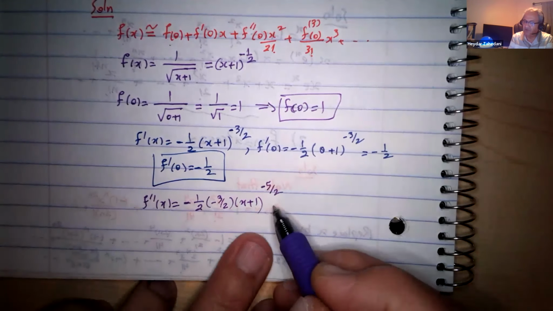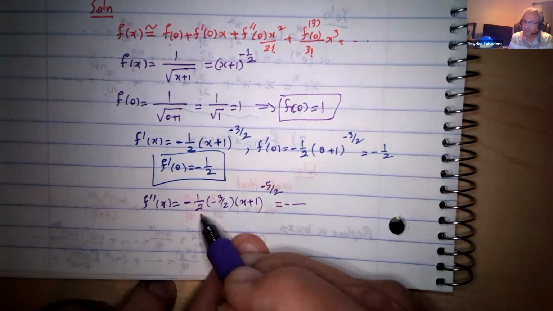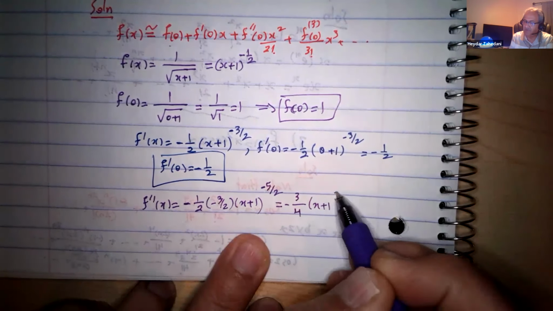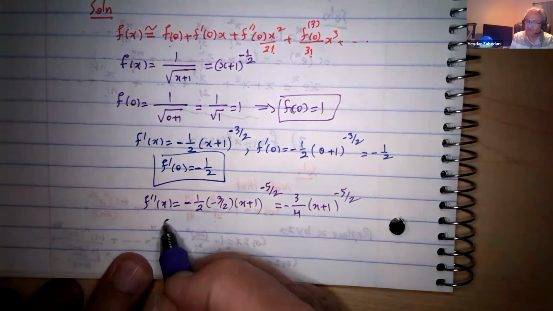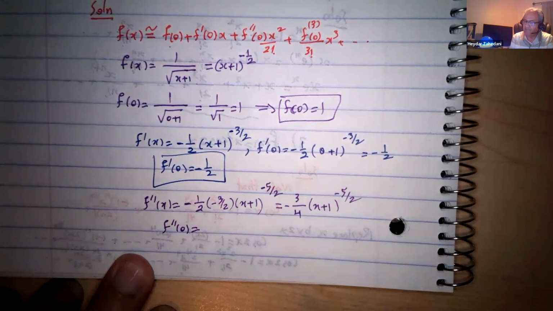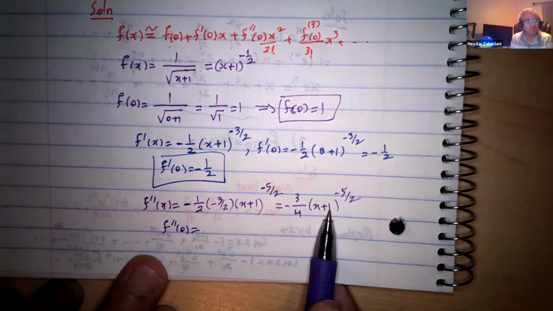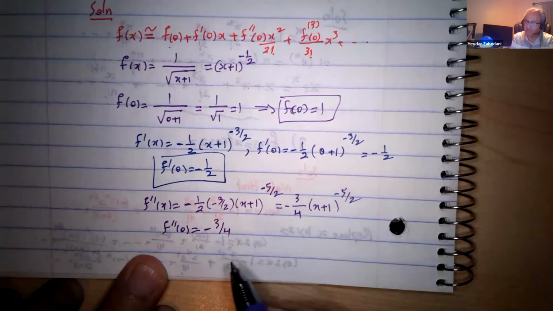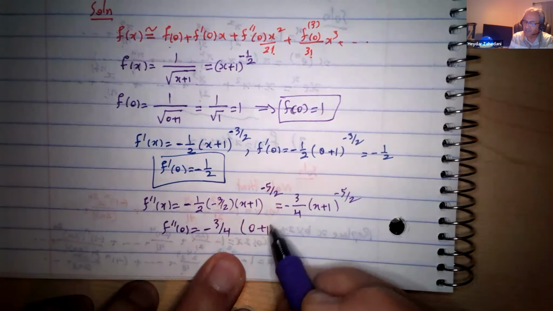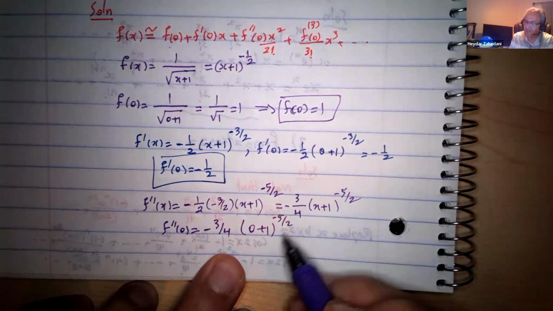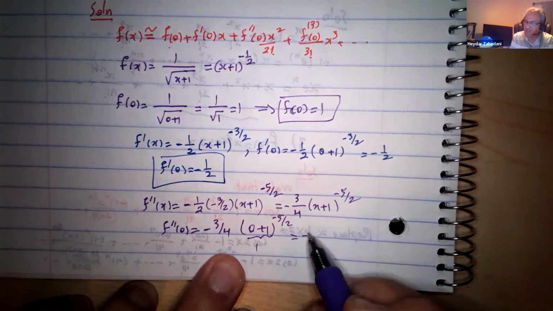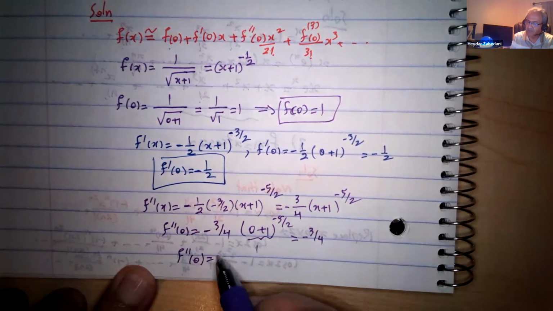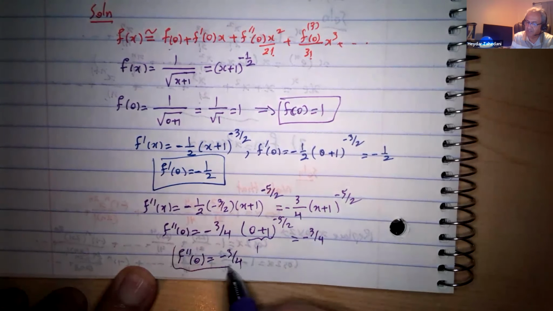So that gives you negative 3/4. 3 times 1 is 3, 2 times 2 is 4. So negative 3/4 times x plus 1 to the negative 5 half. If you substitute 0, this is going to be 0 plus 1, which is 1. So that gives a negative 3/4. I write it down for you: 0 plus 1 to the negative 5 half, but that part is just 1. So f double prime of 0 is going to be negative 3/4.